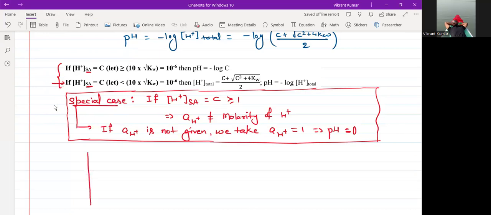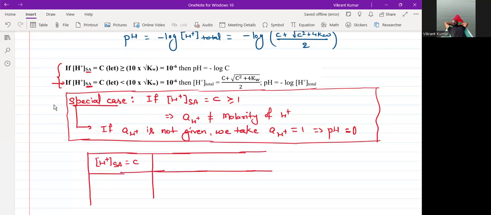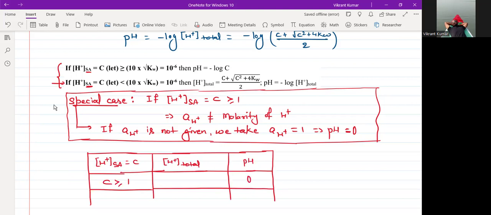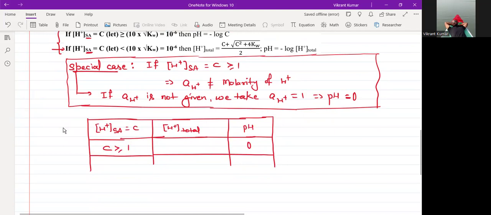So if I give you a table, H plus from strong acid C है, H plus टोटल कितना होगा, then pH क्या होगा. Like if the C is greater than equal to 1, तो फिर डायरेक्टली यहां से हम लोग pH 0 रिपोर्ट करते हैं. That's one case.